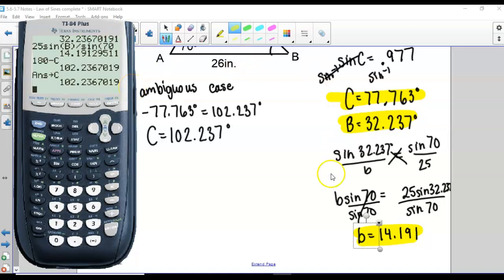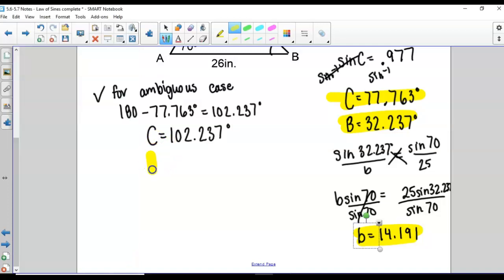So I've got to go back and do everything I did here, but with this number instead. So I'd have to do 180 minus 70 minus C, and that'll give me 7.7632. I'm going to go ahead and store that as angle B, 7.763.